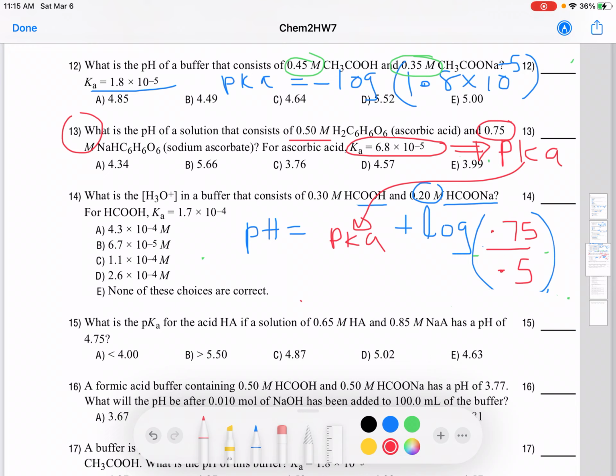Find the pKa, and then plus log 0.75 over 0.5. Similar to number 12. Got it? Okay. And then the number 14.